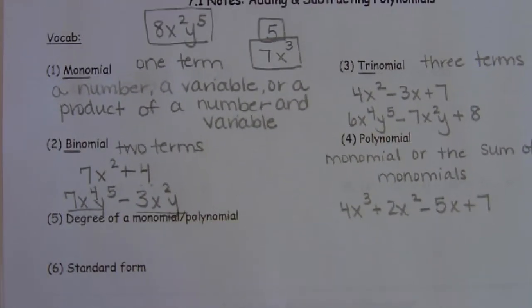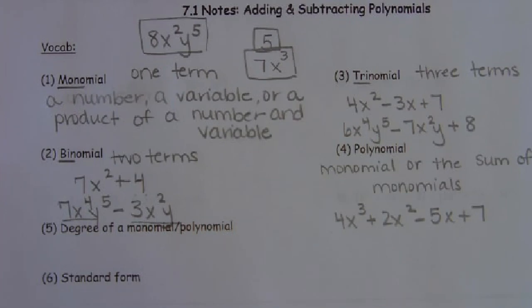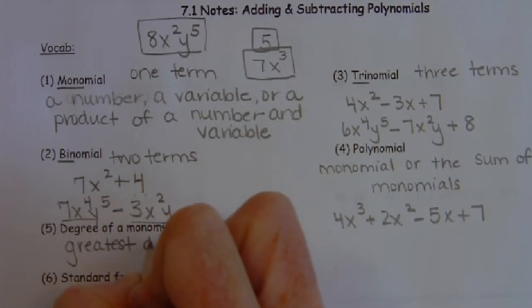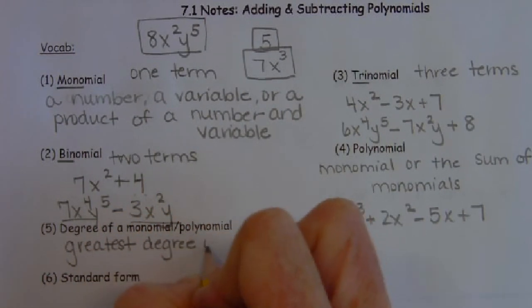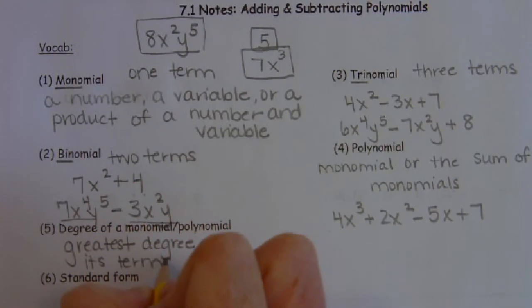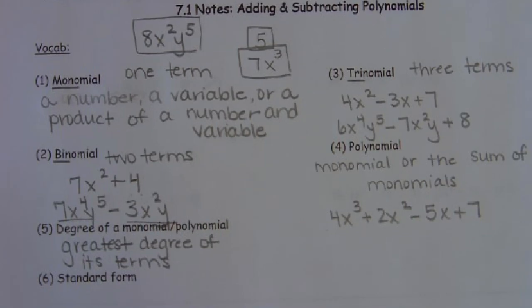The degree of a monomial or polynomial is the greatest degree of its terms. Now this can be a little bit tricky because when you think of a term, you have to think of the entire thing.